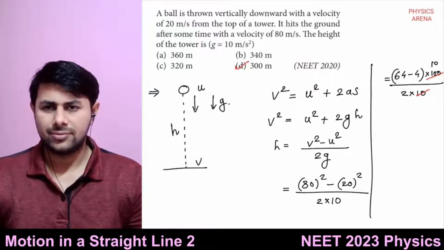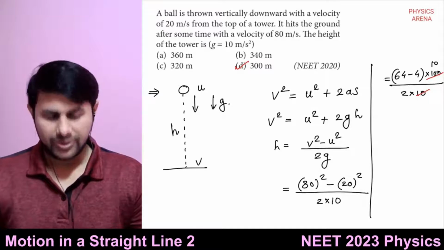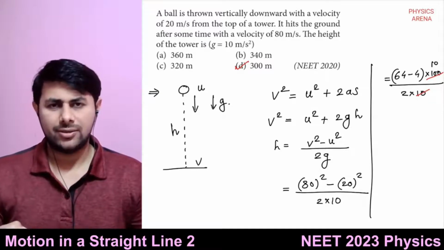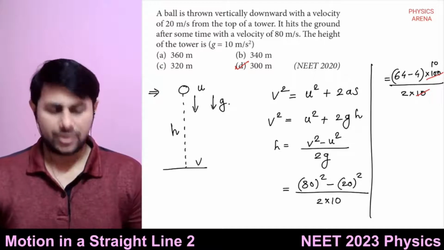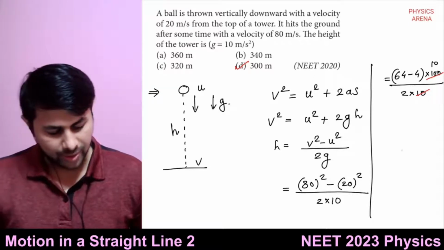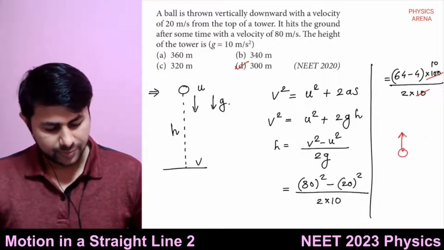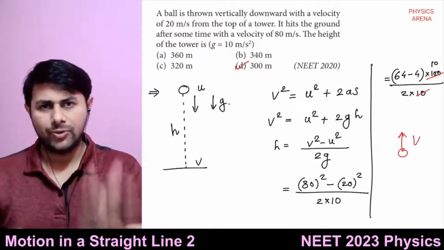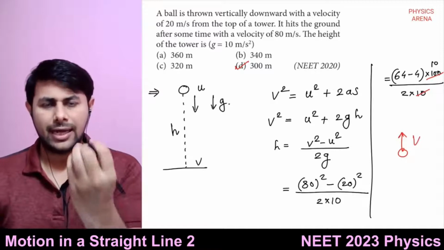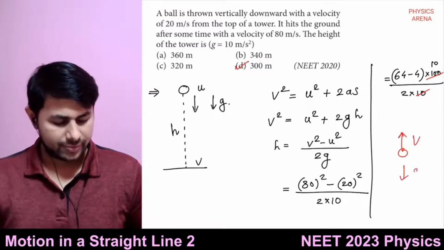Yes, sir. Sir, when do we take acceleration as negative? When the velocity and acceleration are in opposite directions. So let's say you throw the ball vertically upwards. The velocity is upwards, the ball is moving upwards, and the acceleration is downwards, right?